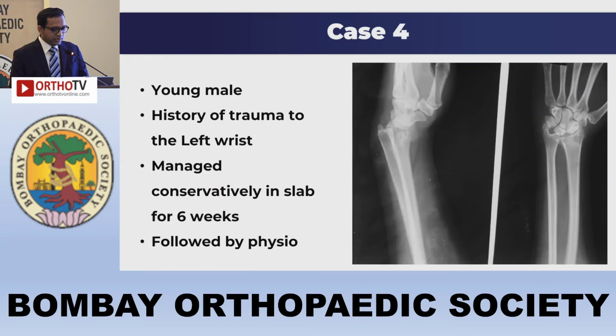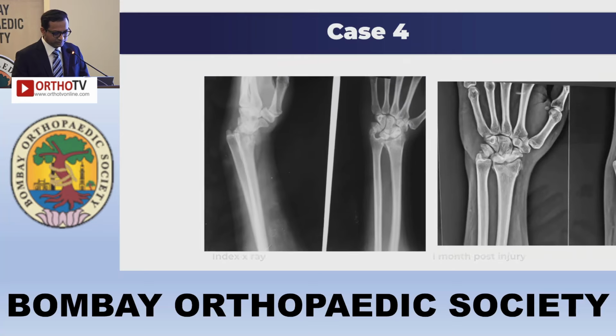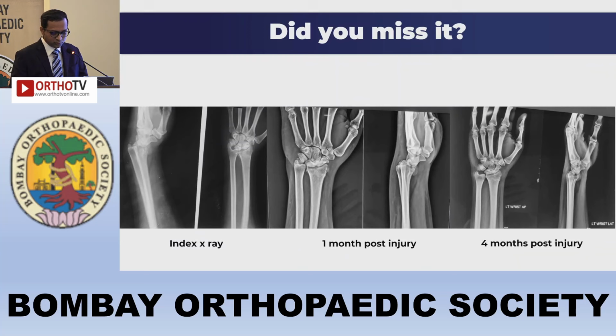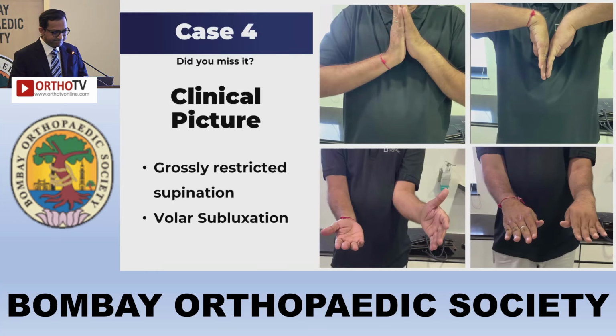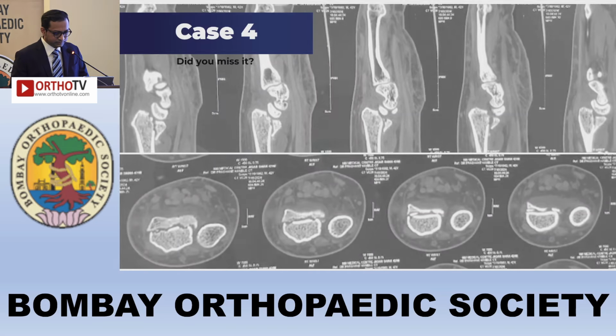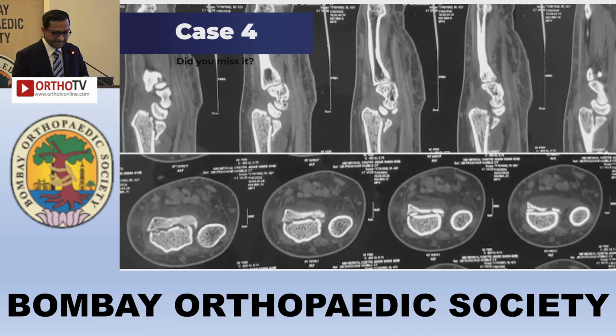Male patient treated conservatively in plaster for 6 weeks. One month post-injury, four months post-injury, grossly restricted supination, painful, and again the entire carpus is volarly subluxated. This was the X-ray, CT.